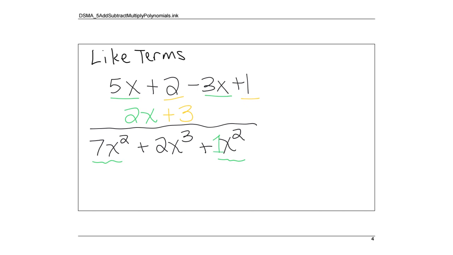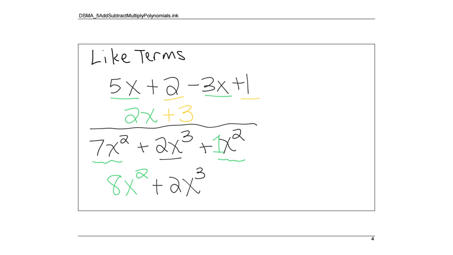Remember, there's an implied 1 sitting in front of any variable that looks like it doesn't have anything in front of it. So if we want to add these terms together, they have to look exactly alike. The variable has to be the same, and the exponent has to be the same. Otherwise, we can't add those together. So we can add the 7x squared plus the 1x squared. That would give us 8x squared. There's nothing we can do with this 2x to the third power. We cannot add those two together. We could multiply them, we could divide them, but we cannot add or subtract them because they look different. So this is what we mean by like terms.